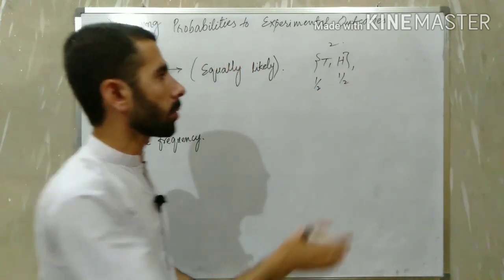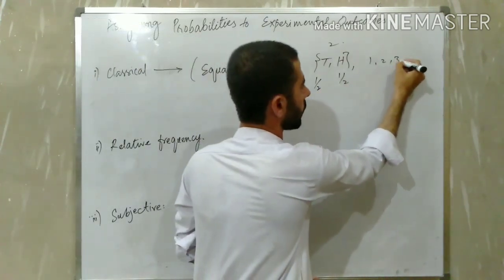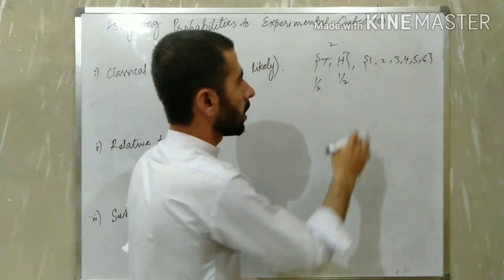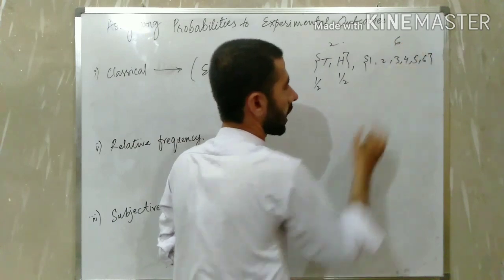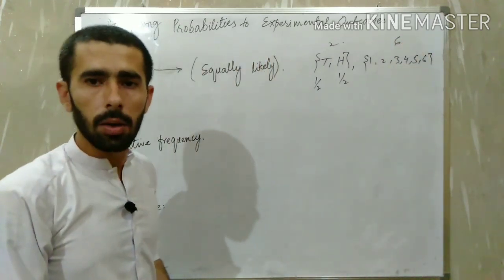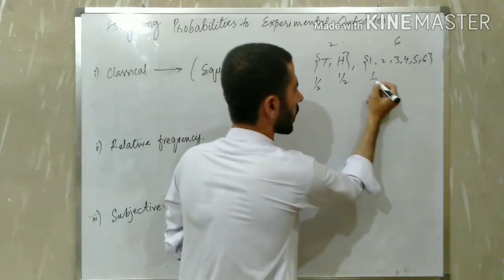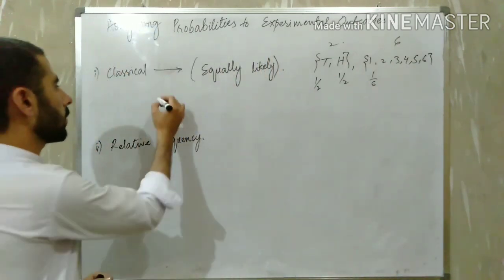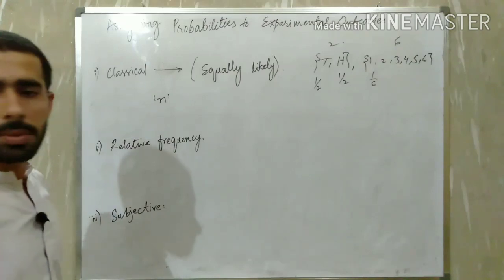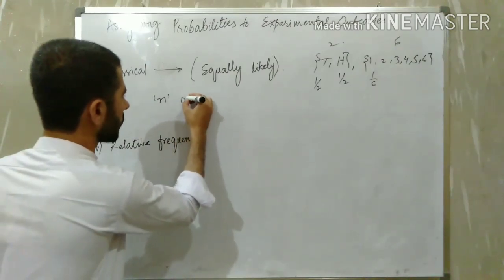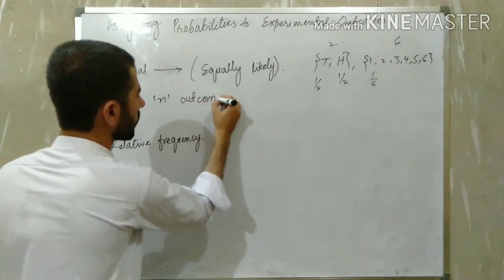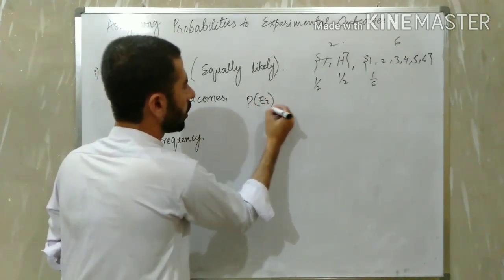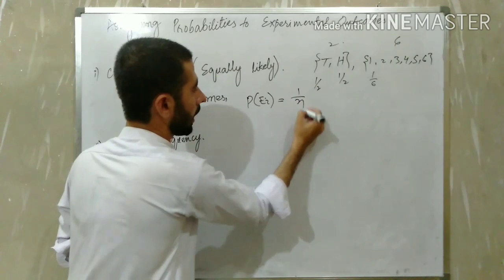If there were 6 outcomes, like 1, 2, 3, 4, 5 or 6 for the die, the chances for each would be 1/6. So this approach says that if your total possible outcomes are n, the probability for each outcome would be 1/n.